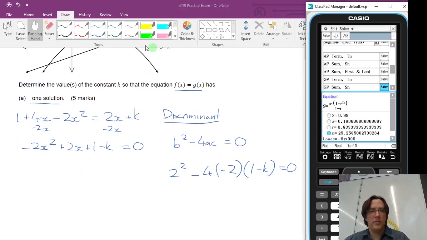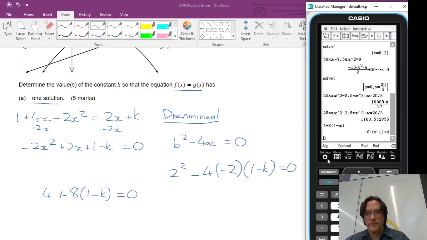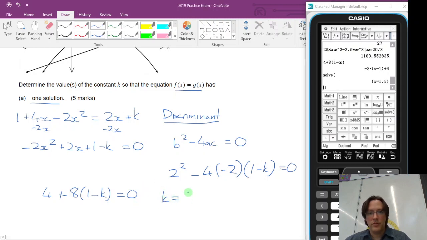Let's simplify that a little bit: 4 plus 8 times (1 minus k) equals 0. And I'm feeling lazy, I'm just going to throw that into the solver. And k equals 1.5. There we go.